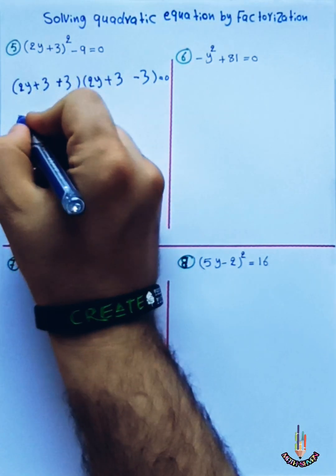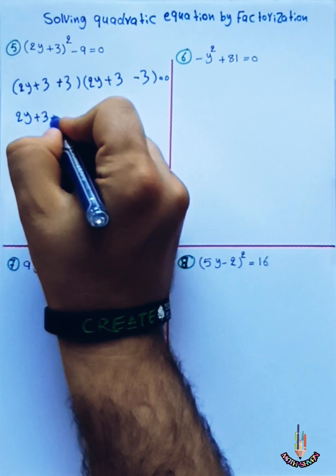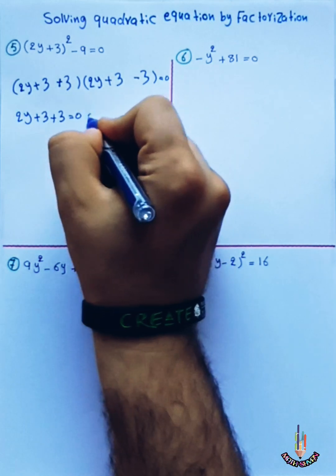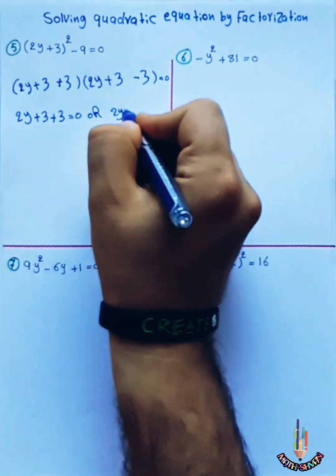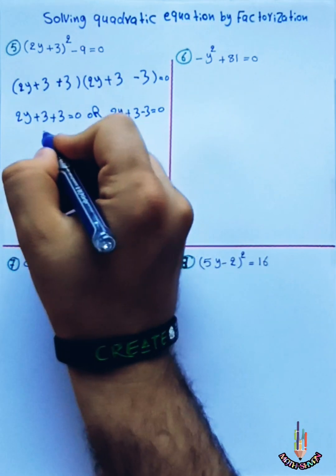After that, you have to equal each expression to 0, and then find the value for each expression. So 2y plus 3 plus 3 equal to 0, or 2y plus 3 minus 3 equal to 0.